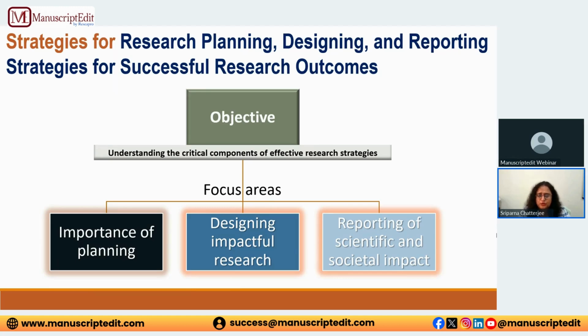Now, to do this, we have to focus on several areas. First is the importance of planning. First we will try to understand why research planning is very important. Then we will shift to the designing of impactful research, and then we will move to the reporting of the scientific with respect to societal impact.